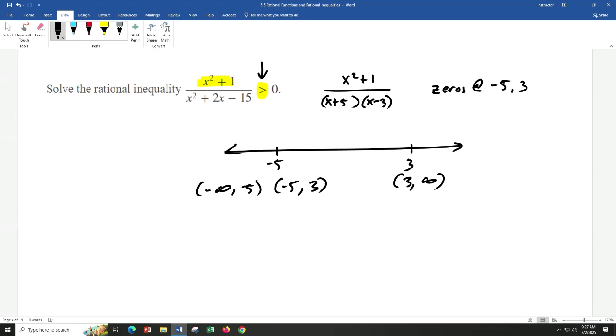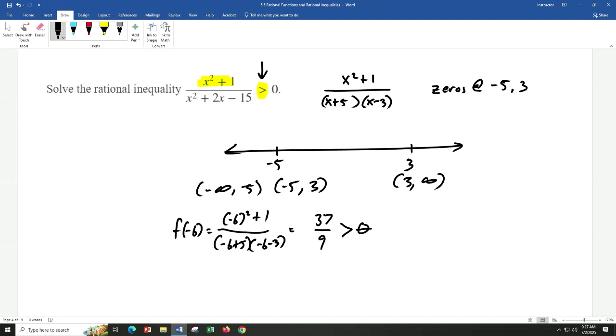Okay. So notice, very quickly, just to show you one, if I do f of negative 6, that's going to equal negative 6 squared plus 1 all over negative 6 plus 5 times negative 6 minus 3. Doing the math of that very quickly, I'm going to end up getting 37 over 9. Is 37 over 9 greater than 0?